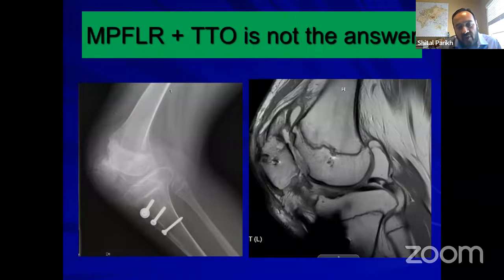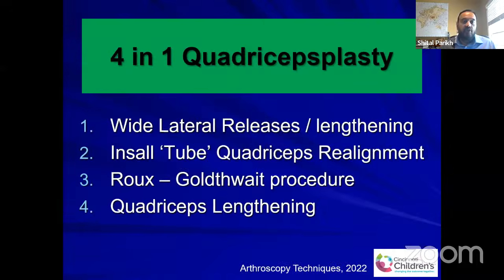In short, MPFL reconstruction and tibial tubercle osteotomy is not the answer to all instability. If they have habitual dislocation, lock dislocation, fixed dislocation, or a permanent dislocation, in these cases, they would need a quadriceps plasty and not an MPFL reconstruction. Our 4-in-1 quadriceps plasty involves wide lateral releases, medial quadriceps realignment, a Roux-Goldthwait procedure, and quadriceps lengthening.